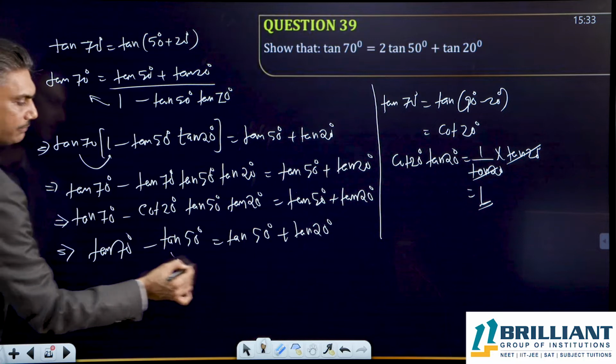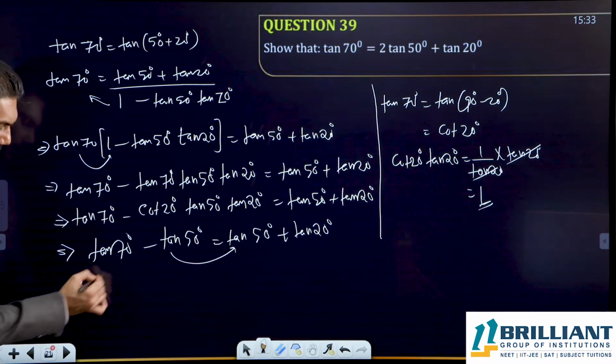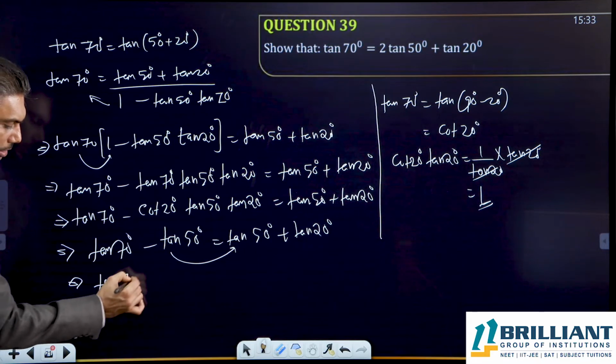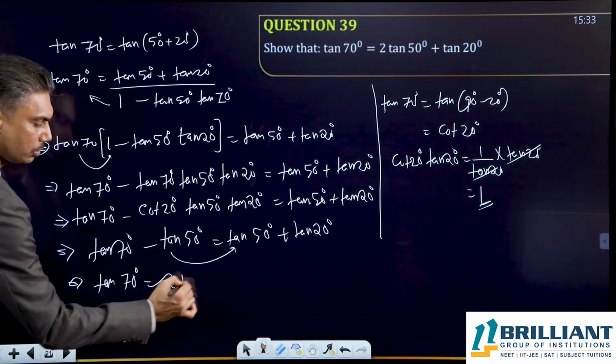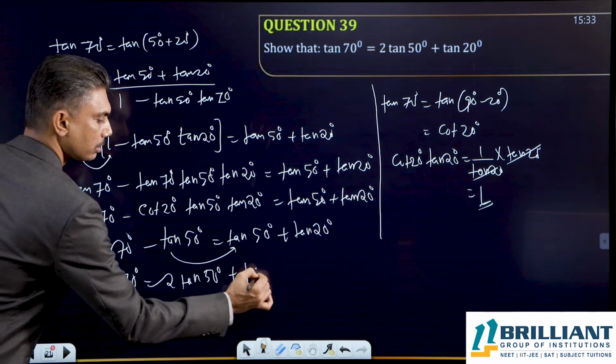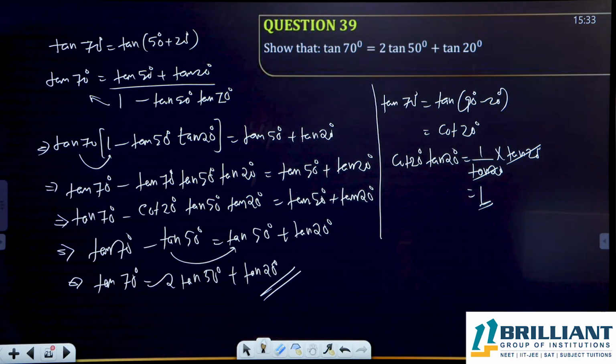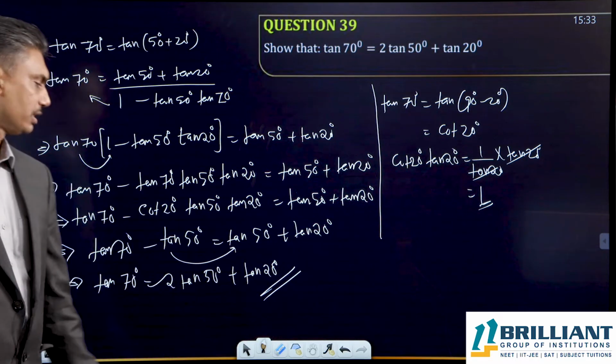Now take this tan 50 to the right side. Tan 50 plus tan 50 is equal to what? Tan 70 is equal to 2 tan 50 plus tan 20.